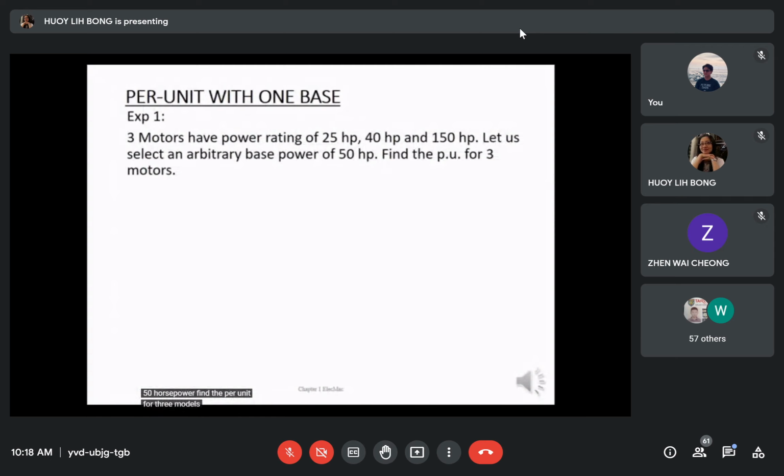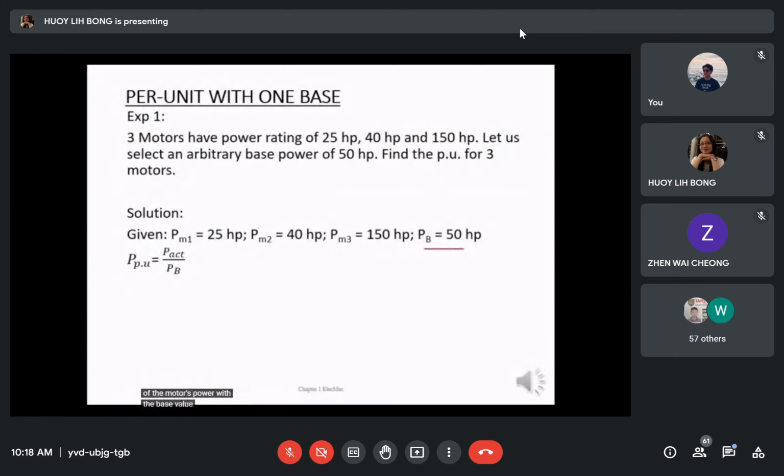For our solution, first we are going to write down the given clues, which are the actual values of the motors, and also the base power. To find the per unit of each motor, we're going to divide the actual value of the motor's power with the base value.